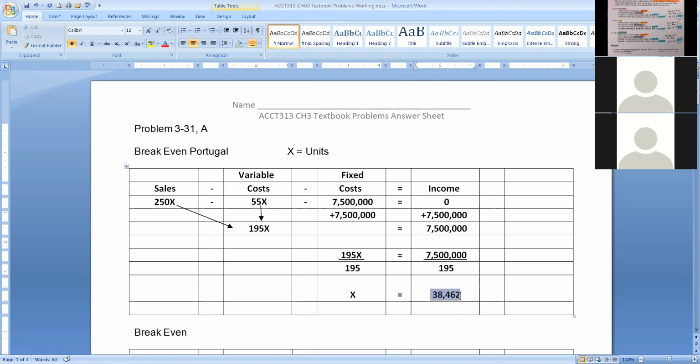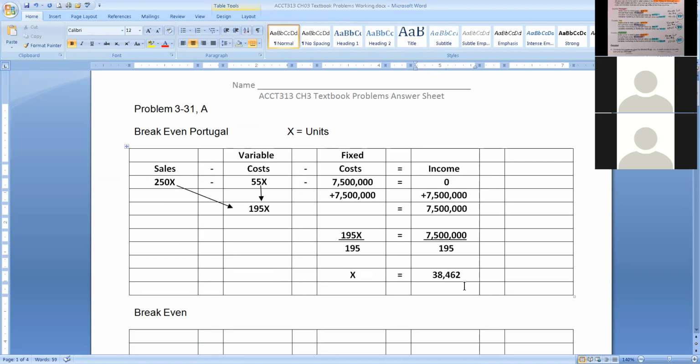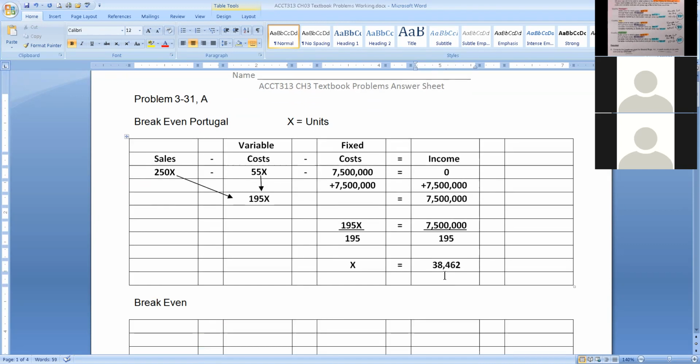I'm going to stop for just a second here. Generally speaking, you always round up, even if you come up with 0.1 or something, because theoretically you won't break even until you get to that. In this class, I don't really care one way or another. Usually you're talking about 38,000, and the difference between 1 unit and 2 units is not going to make a difference. But theoretically, you should round up.